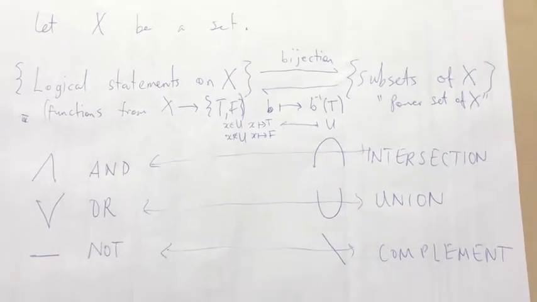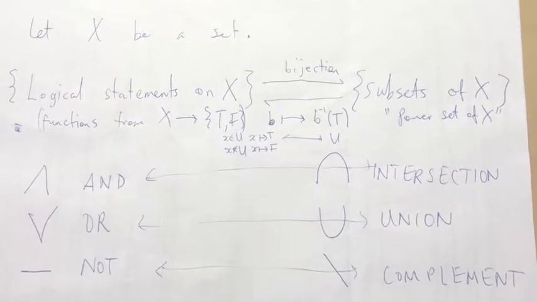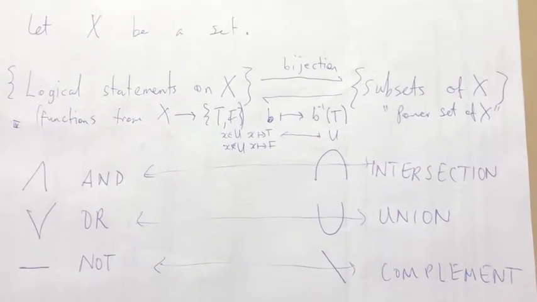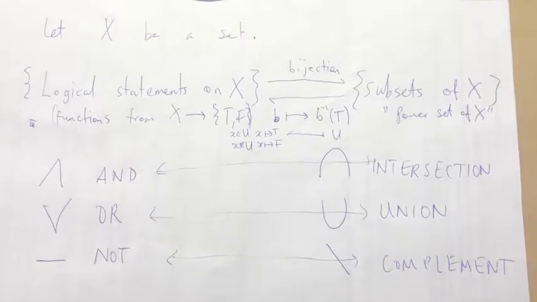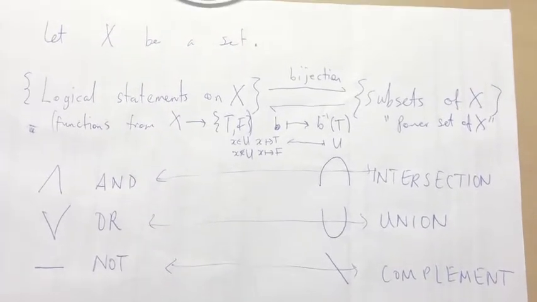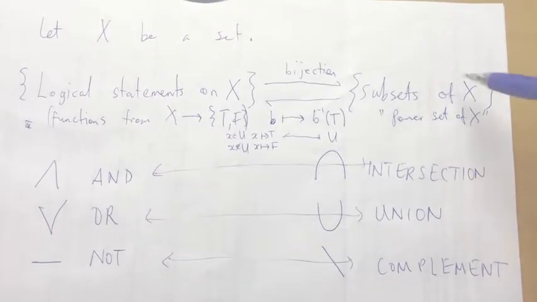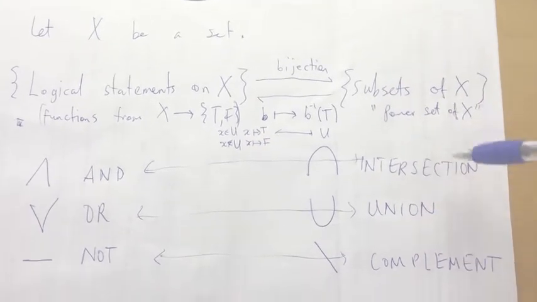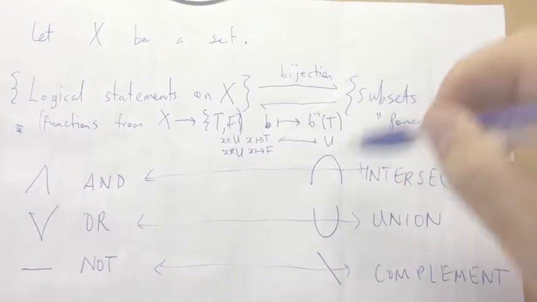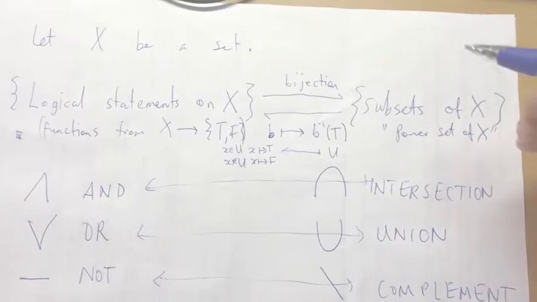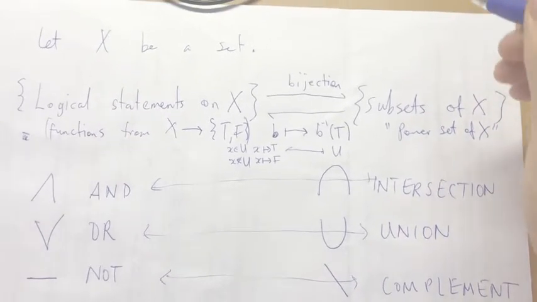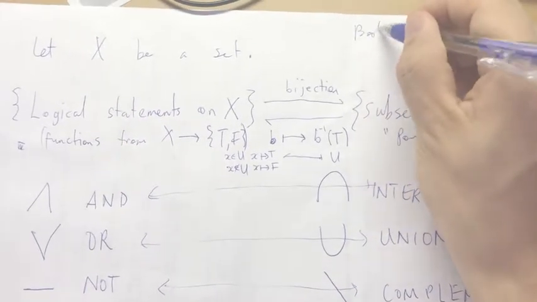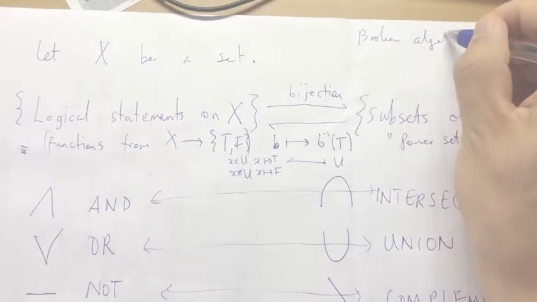And if you want to adopt the language of that extra credit exercise, then another way of saying this is that this set of subsets together with these operations is the Boolean algebra.